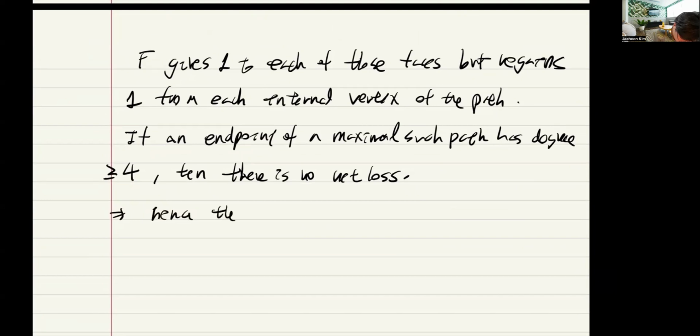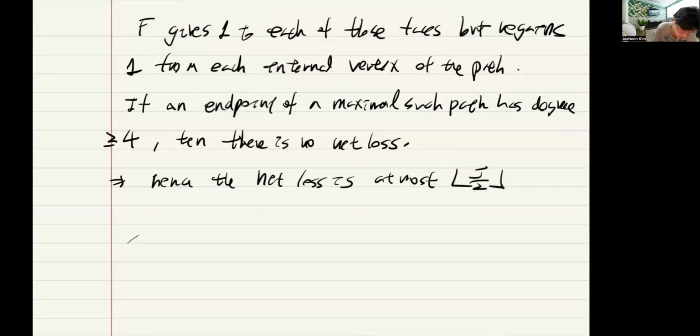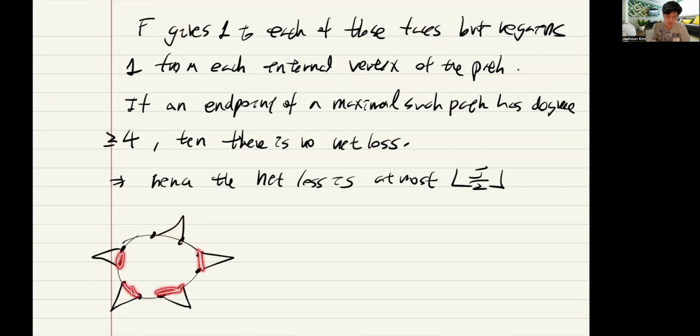The net loss is at most half of J, with floor. Why? You have this, and the worst case, the most losing case, is this case. There is a triangle, and this path has length 1, length 1, length 1. They cannot overlap.